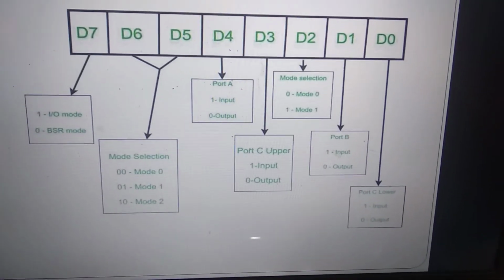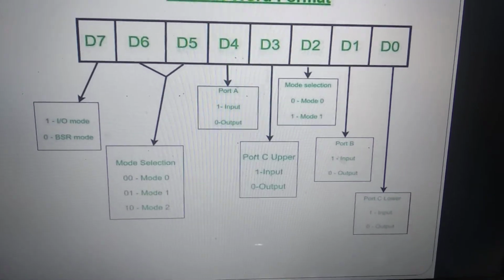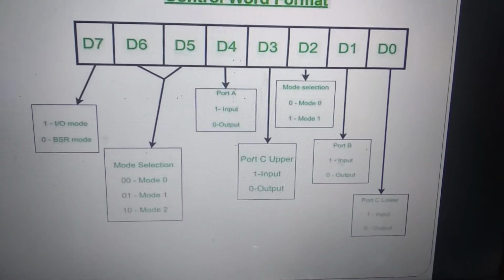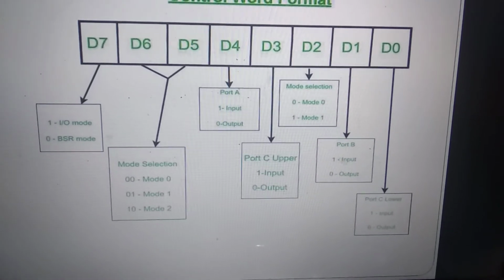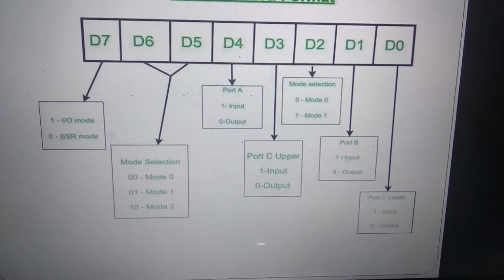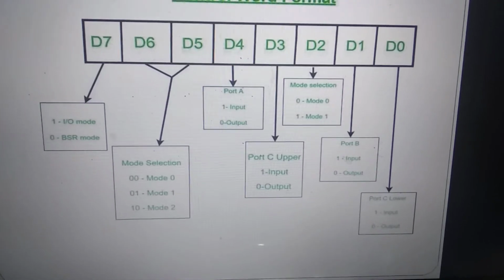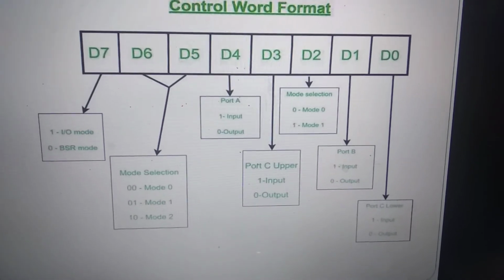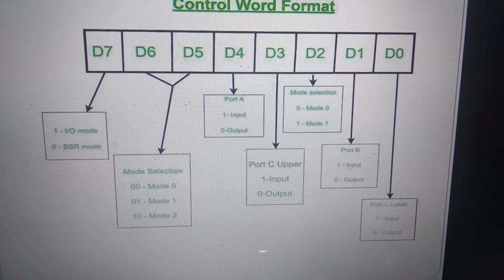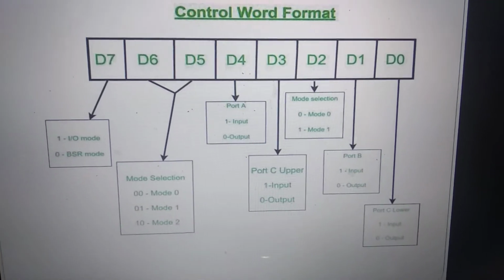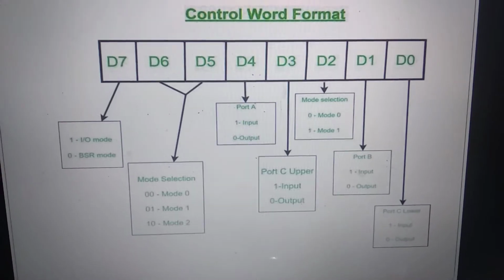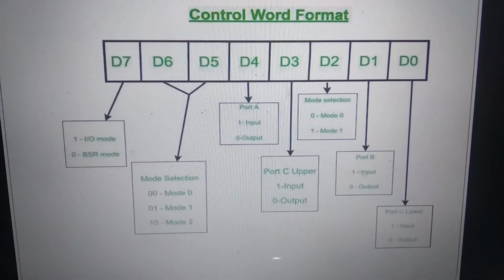Again, D3. Now, as I said earlier and as we have seen in the architecture part, port C is divided into two parts, port C upper and port C lower. So you can use the total port C as an 8-bit port, or you can use the upper part or the lower part. That flexibility is available to us.